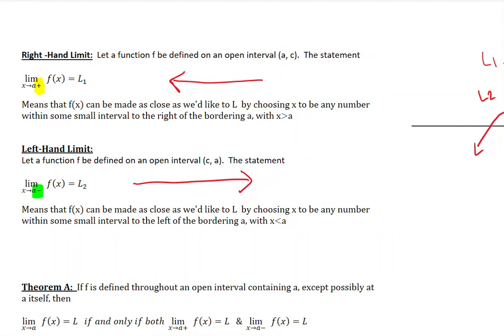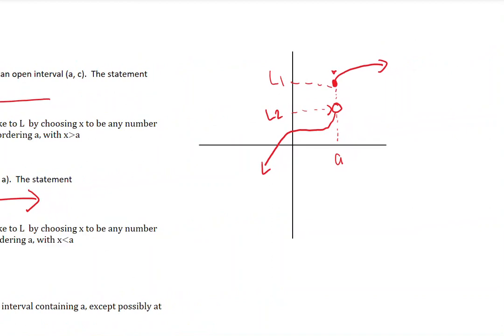Usually this happens with disjointed graphs. Sometimes it'll be the same, but usually it's going to be disjointed. You can see if I approach this function from the right side, I'm coming in this way.